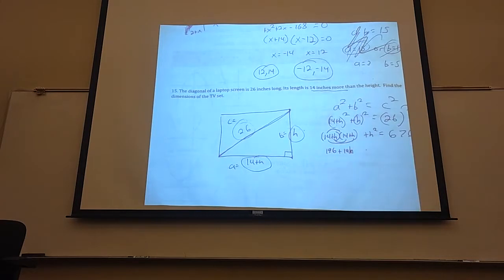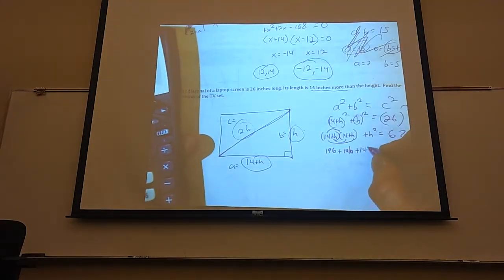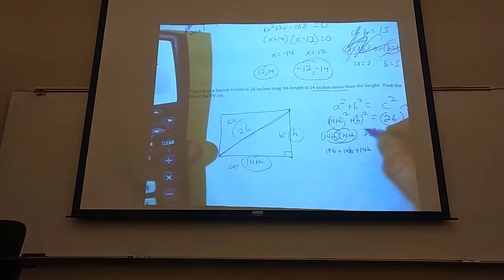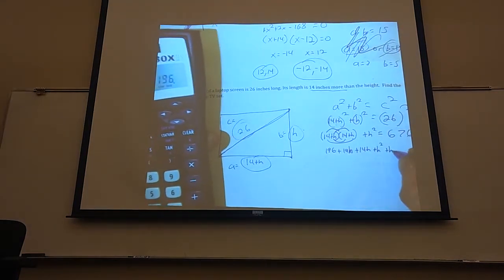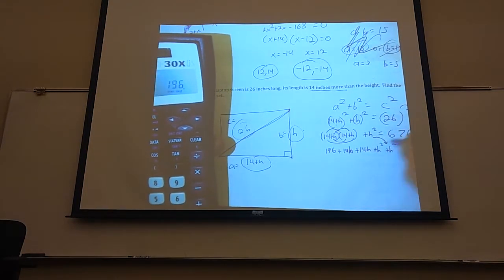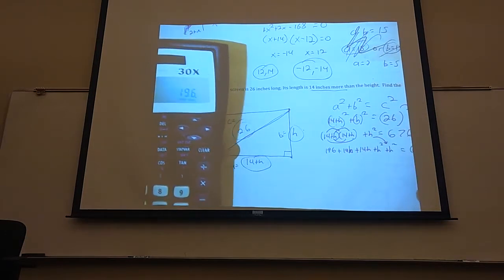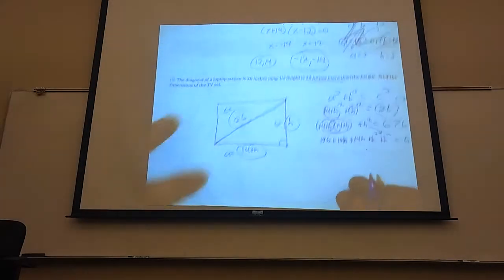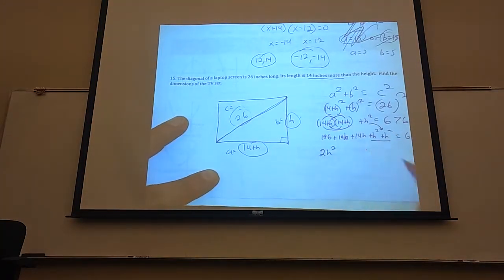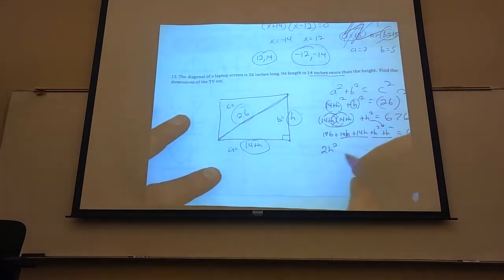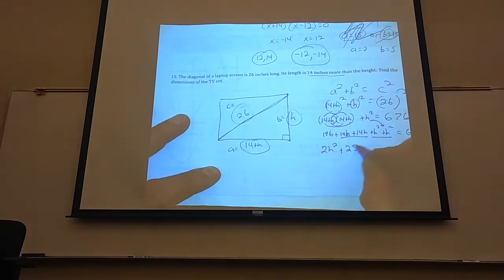Inner terms, 14h again. And last terms, h squared. And we add another h squared. Right, we're carrying down that h squared. We've got some like terms. We can combine the h squared. We can combine the 14 h's. And this is a 196.